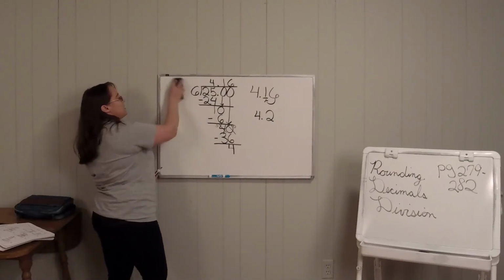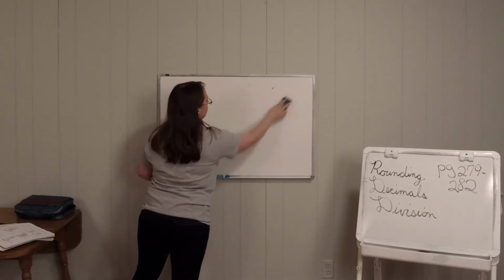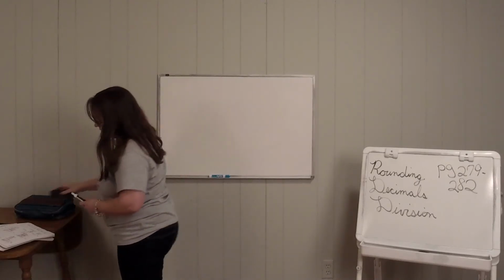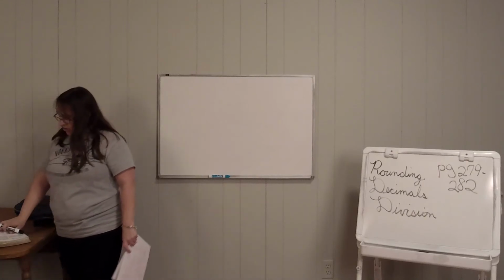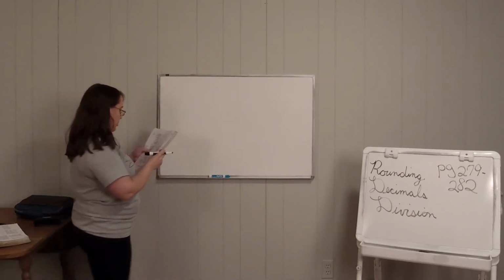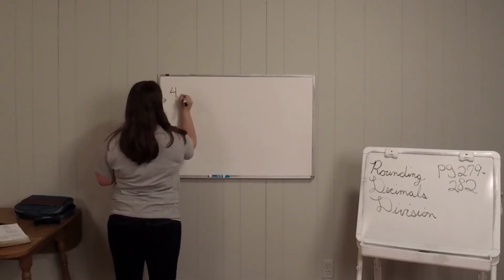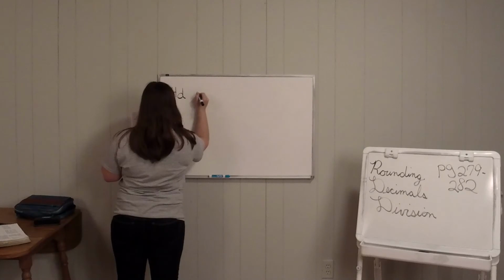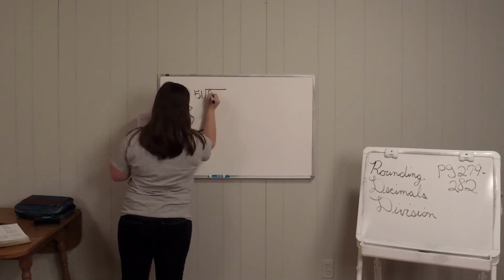Let's look at 4D. 4D says divide to the nearest hundredth. So 4D says 51 into 8.